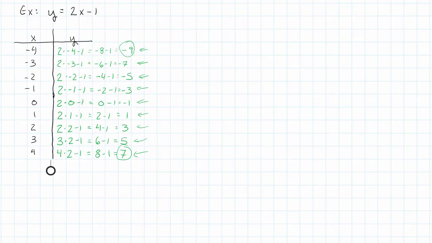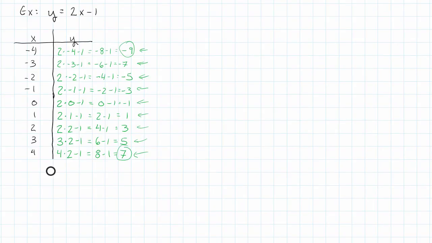I'll draw my x-axis first to go from negative 4 up to 4, labeling the negative numbers, leaving a space for 0, 1, 2, 3, 4, and there's my x-axis.